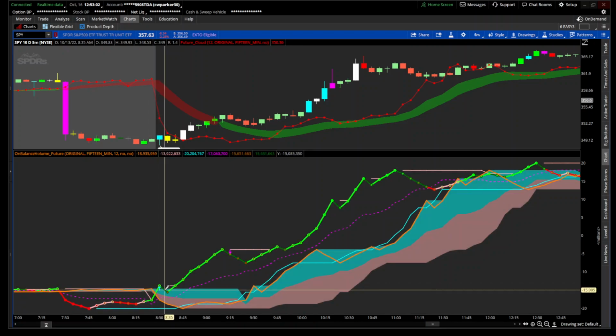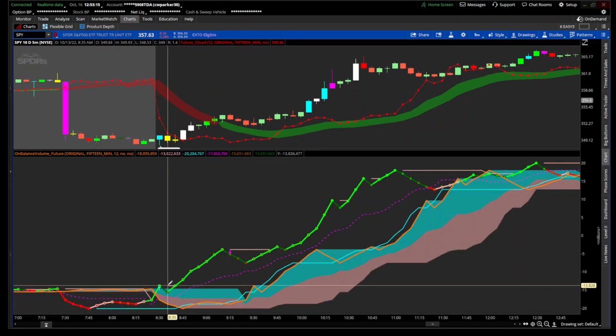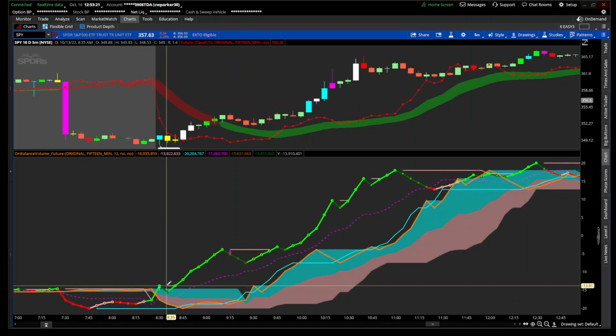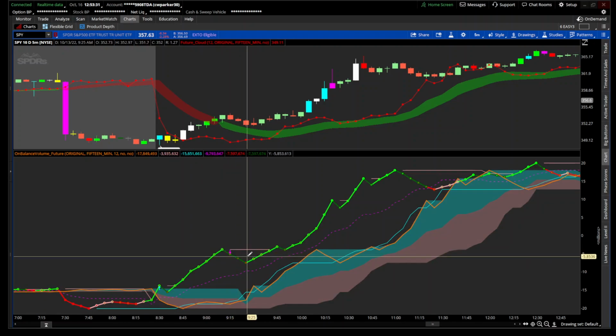For me, I use it as a momentum indicator because the unbalanced volume uses volume and price. If you're not familiar with my other indicators, I put a channel on this one as well. When the unbalanced volume breaks above this pink line and this cyan line, the channel will go away until the unbalanced volume goes below the channel.